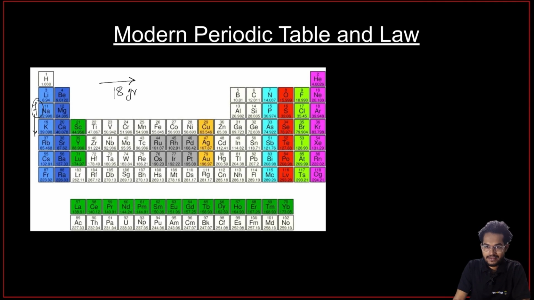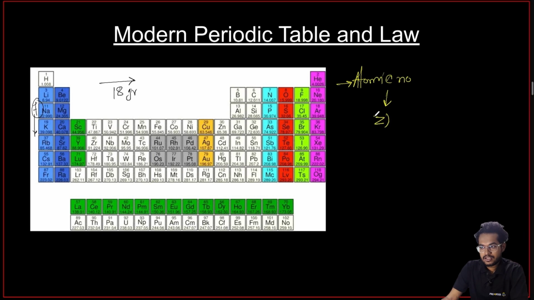The most fascinating thing, or its basic difference from Mendeleev's periodic table, is that Mendeleev used periodic properties as a function of atomic weight, but here we use atomic number, which we denote as Z. This is the main thing which makes it different and better than Mendeleev's periodic table.